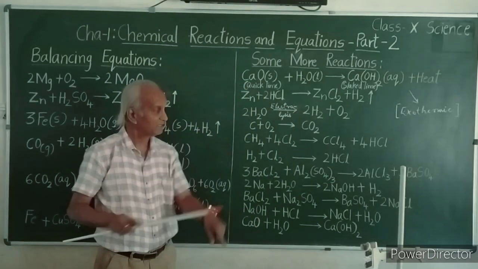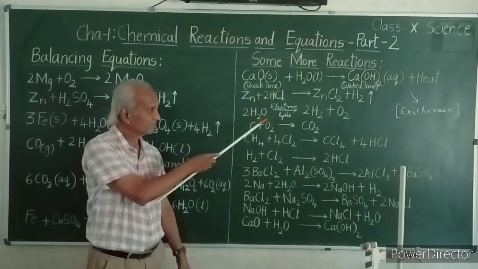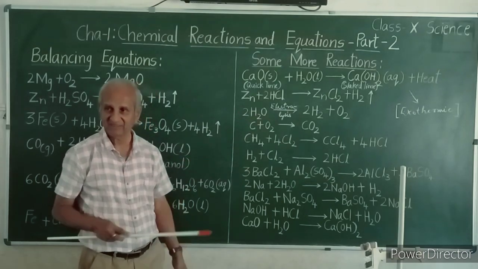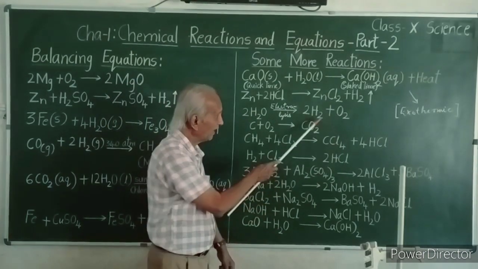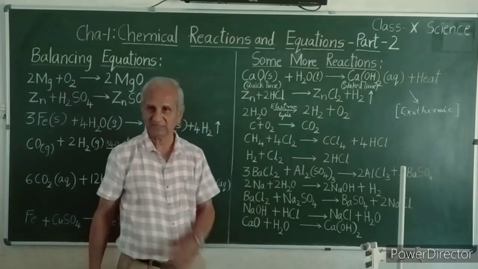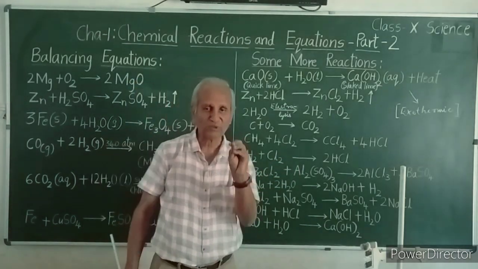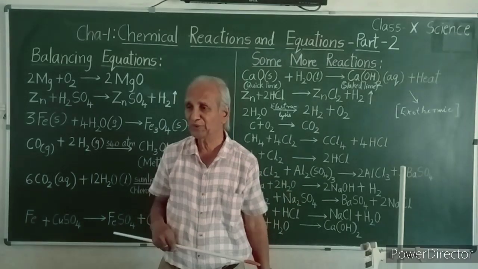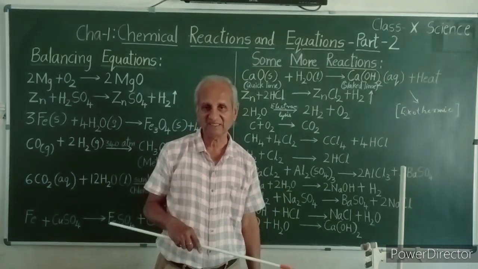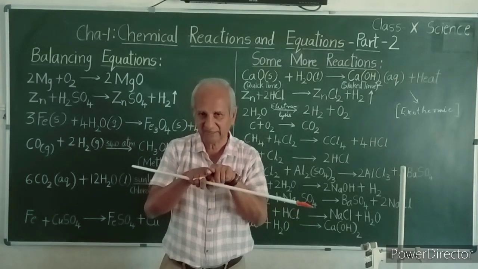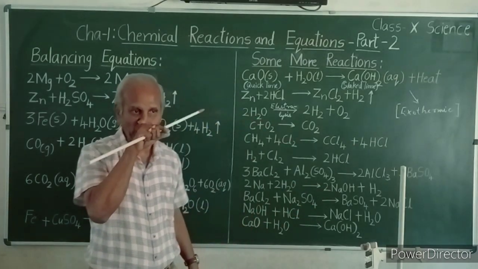When electricity is passed through water, the molecules of water start getting divided into hydrogen and oxygen. Under no other circumstance can molecules of water be made to get separated. You can't make them get decomposed.